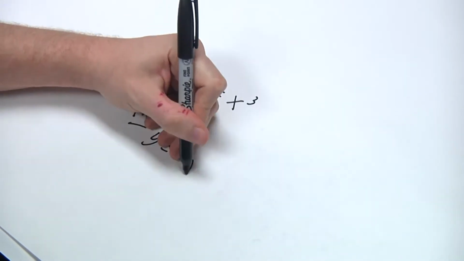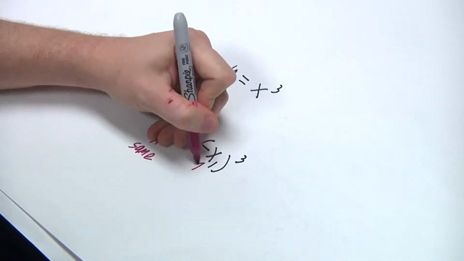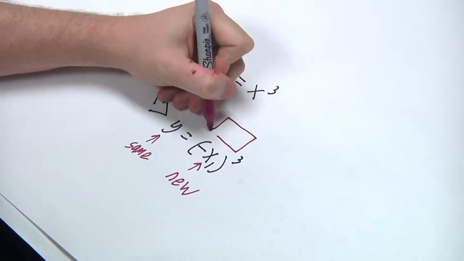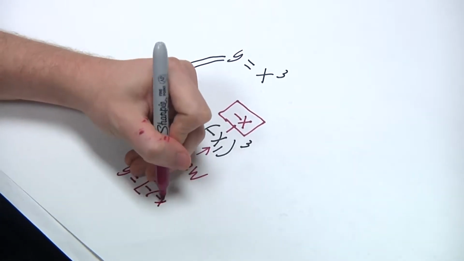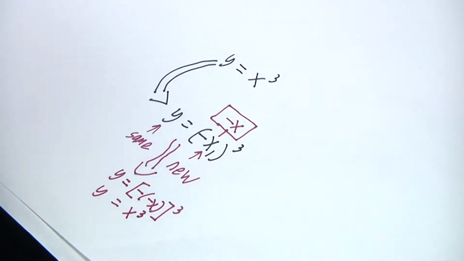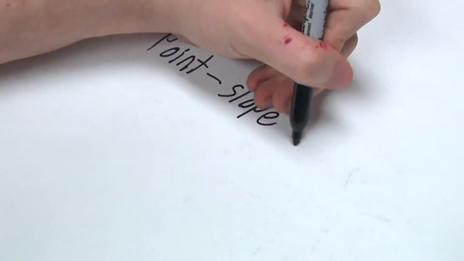Finally, let's graph y equals negative x1 cubed. What does x1 have to be in terms of x in order for the equation to remain the same? Negative x. The y-coordinates remain the same. The x-coordinates become the negative of what they used to be, so the graph flips over the y-axis. That's it. You now know how to do all of the basic transformations.